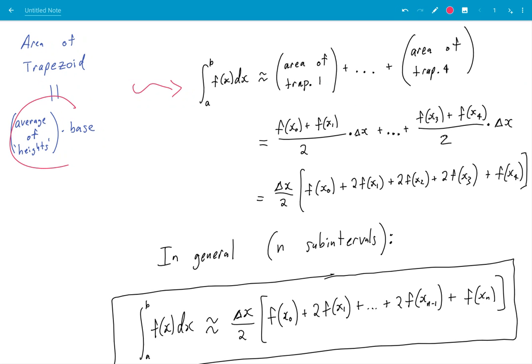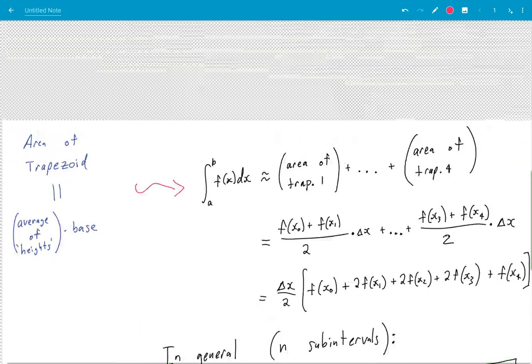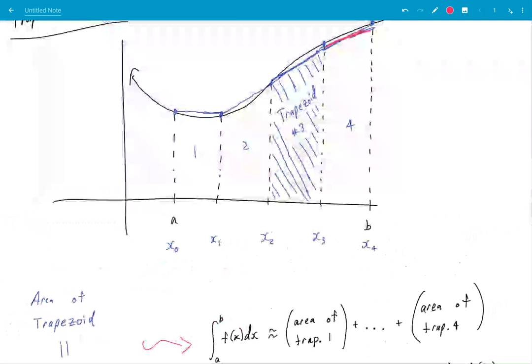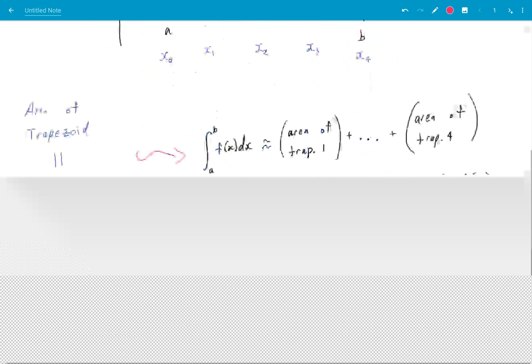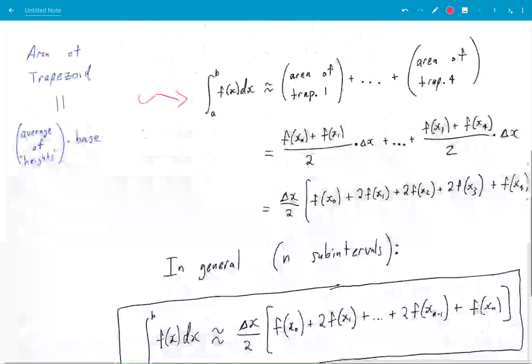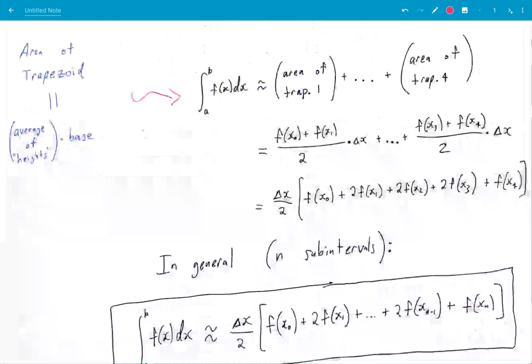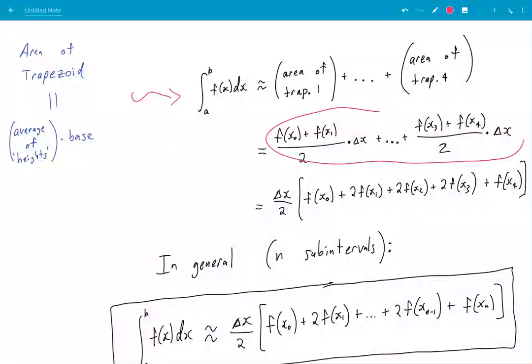There's a formula from geometry for the area of a trapezoid: you take the average of the 2 heights. If I look at trapezoid 4 here, you have this smaller height here and this larger height there. So I take the average of those 2 heights and multiply by the base, and that gives me this line here.